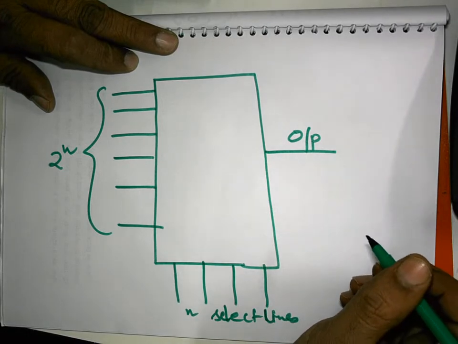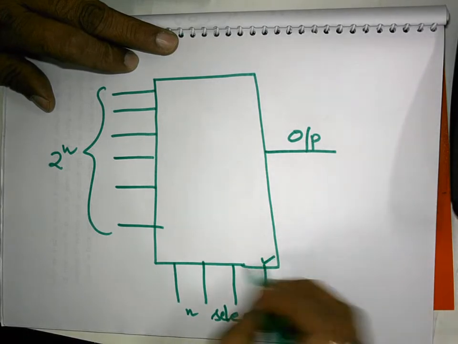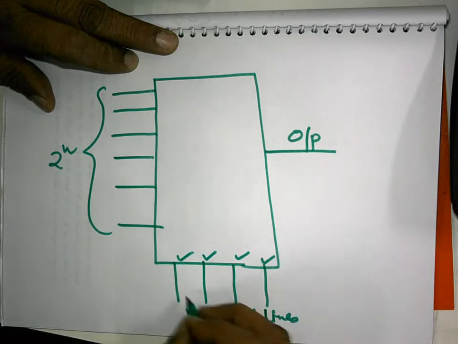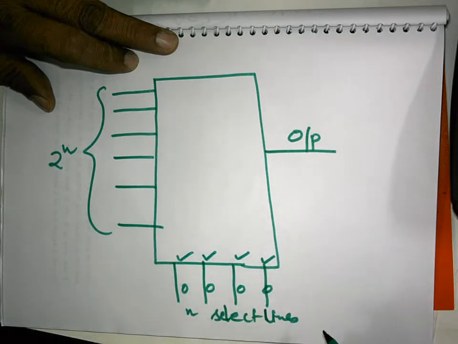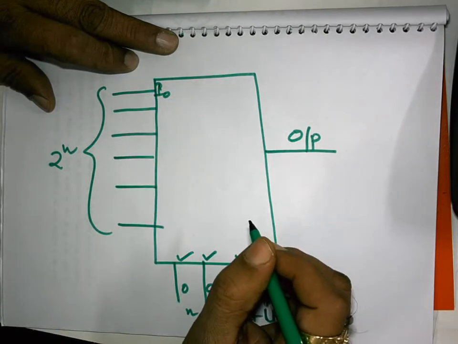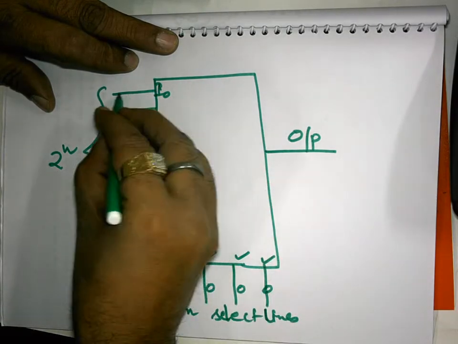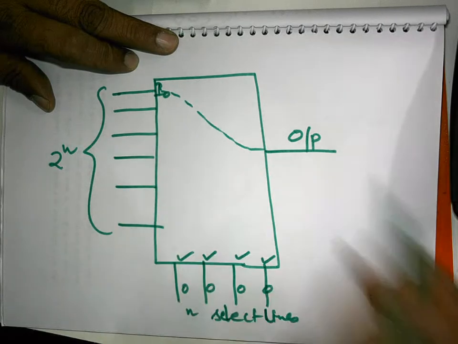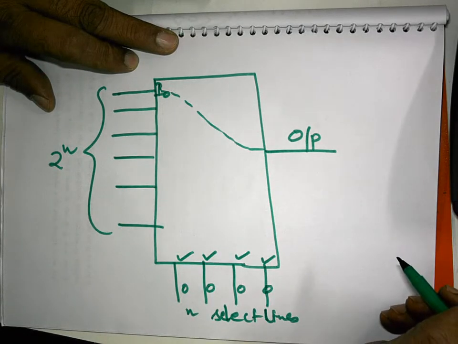So the channel that we have selected, say we have inserted 0 0 0 0 over here. Naturally input I0 will be selected and its pattern will be routed to the output.